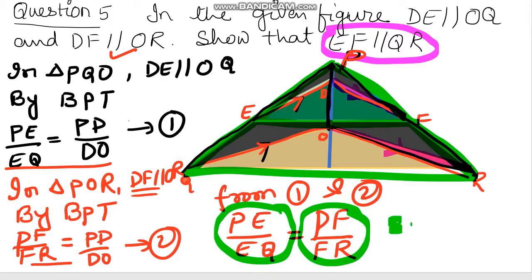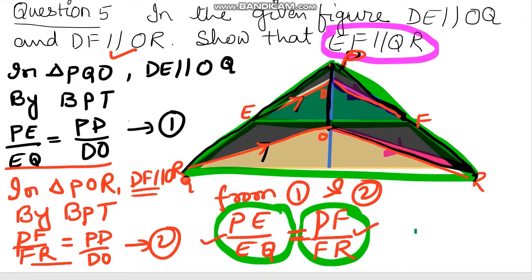So what can you say from here? You can say that EF is parallel to QR. Why? How can you say that? You can say it by the converse of basic proportionality theorem that we have just understood and proved. Because see, when the ratios are equal, lines will be parallel.